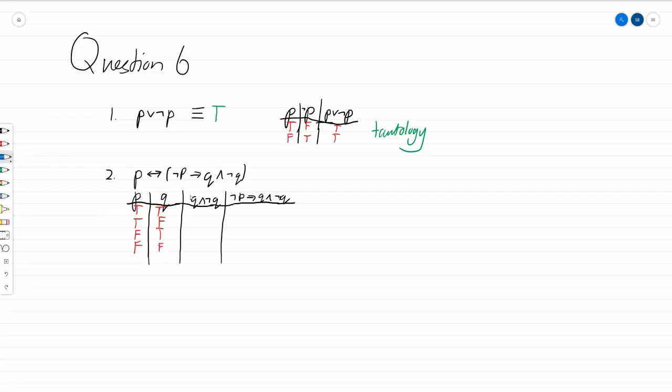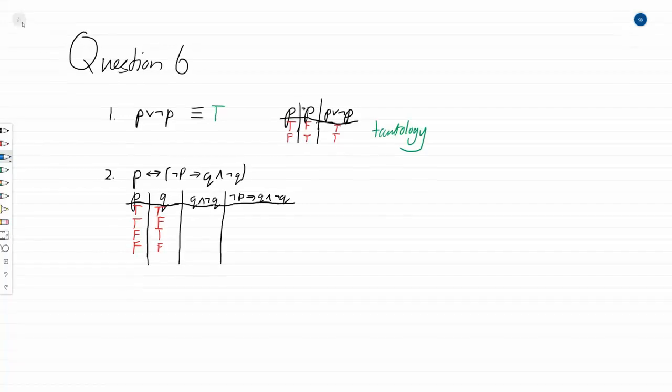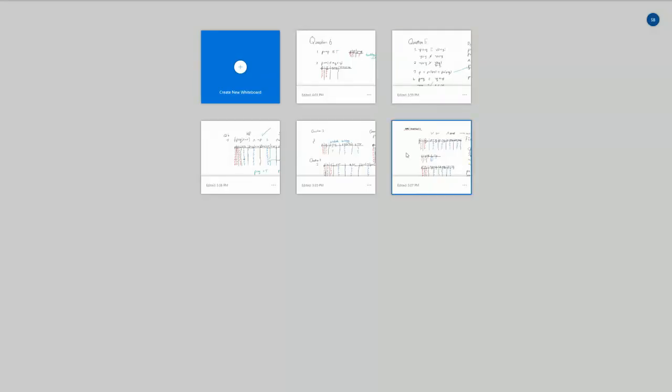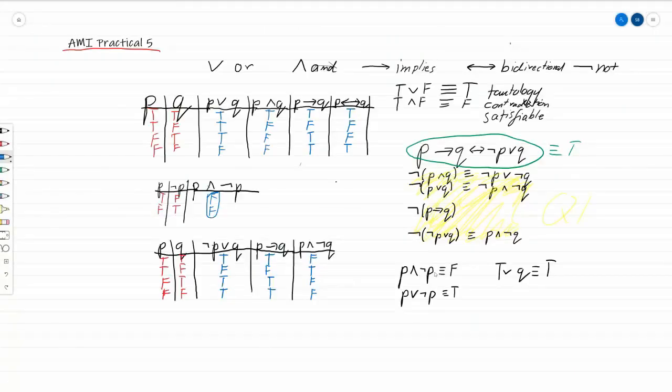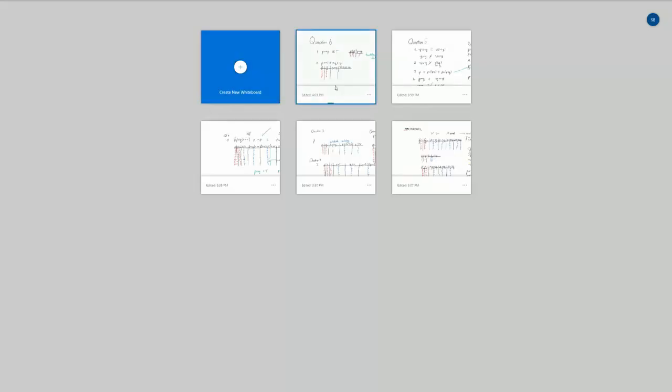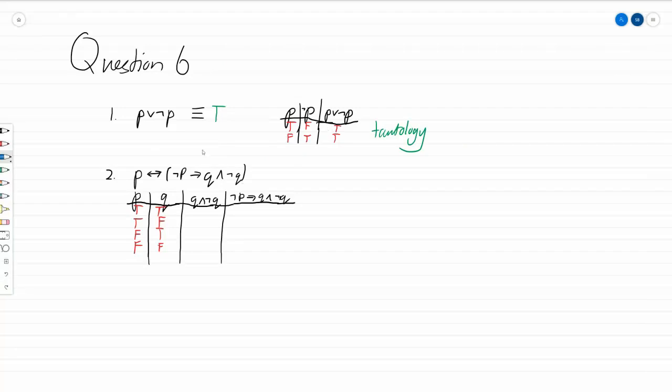Now, the next one I came up with was Q and not Q. That's a contradiction. That's what I was trying to remember. Remember, we had a few basic ones that I drew up in the first one. P and not P is always going to be false, and P or not P is always going to be true. So this is one of those cases where we actually have that in there, and if you can identify it, it can be a little bit nicer. We know this is already going to be false.